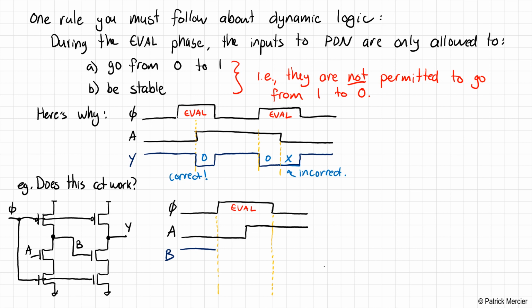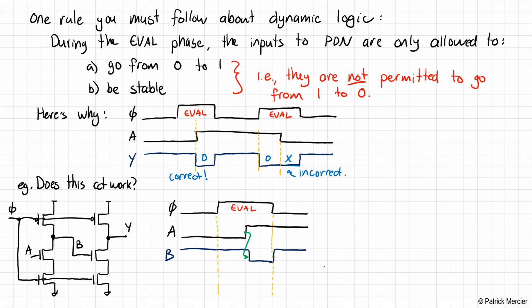When the evaluate phase happens, B will hold steady at logic 1, and then after a short delay, it's going to fall. Then when we re-enter the pre-charge phase, it goes back up. Let me annotate where this happens. So we have a delay from A heading into B through that inverter structure. So far so good.